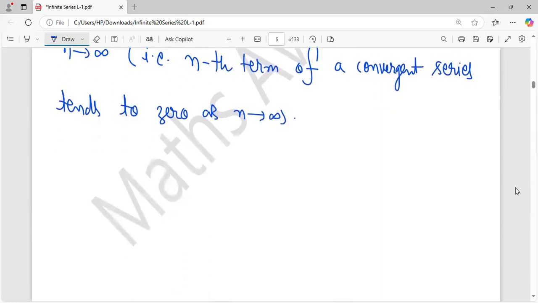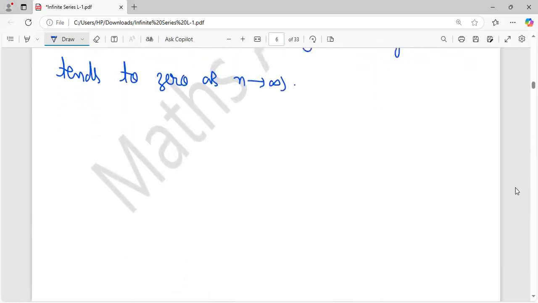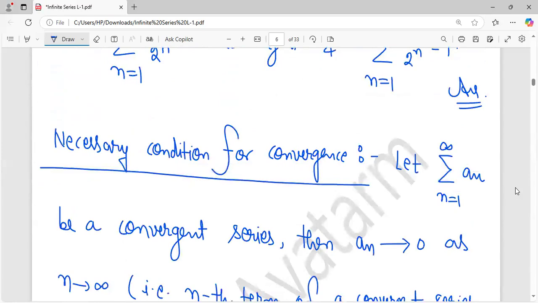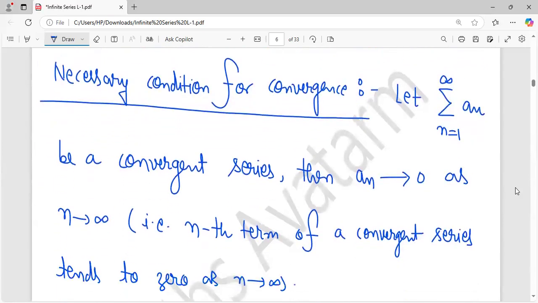So what I'm writing is: if this series is a convergent series, then the nth term tends to 0 as n tends to infinity.